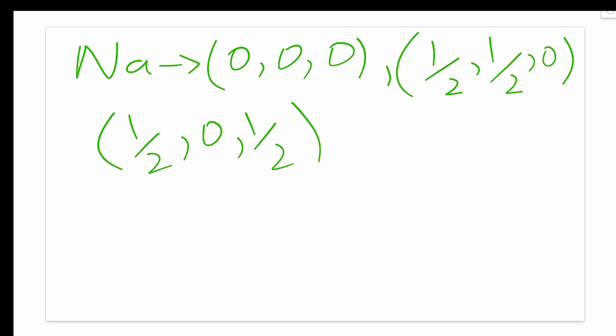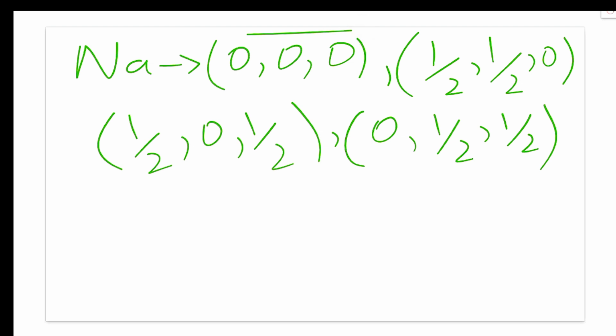We write half for 2 of the axes at a time and 0 for one. This is the code. Since it's half, half, 0, half, 0, half, the last would be 0, half, half. In that way you can remember it as well. It's really easy to remember. We'll have 2 halves and 1 zero at a time, and the first one is at origin, so all of its coordinates will be 0. So these are the coordinates of the atoms that we will be using in the formula.